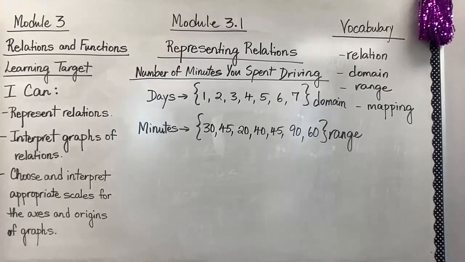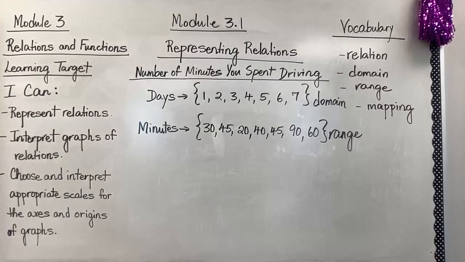We can do a mapping, which illustrates the relationship between the domain and range by showing how each element of the domain is paired with an element in the range. An equation shows the relationship between the domain and range, where substituting each value in the domain for x results in the corresponding y value of the range.